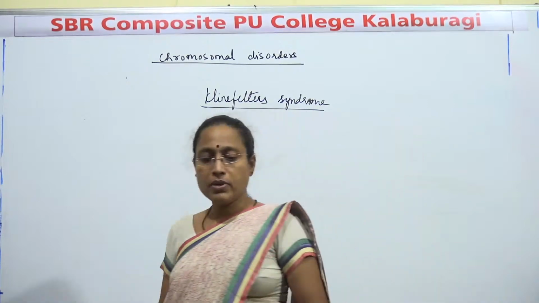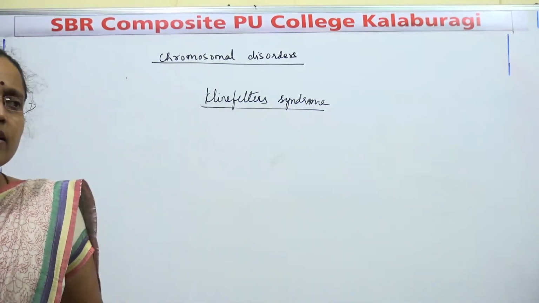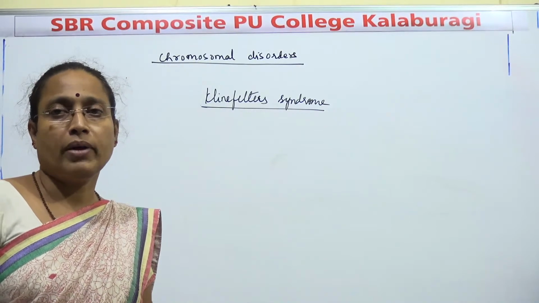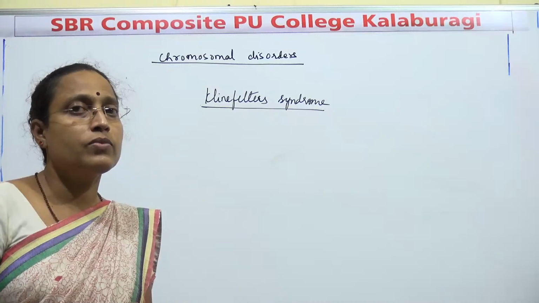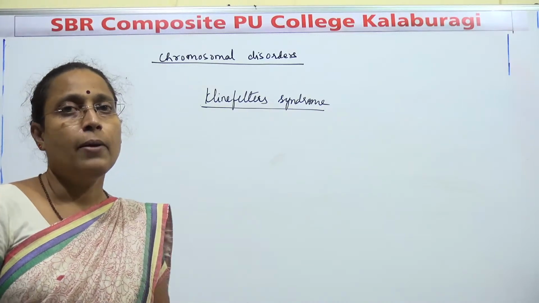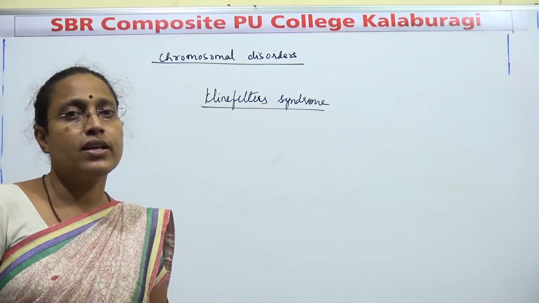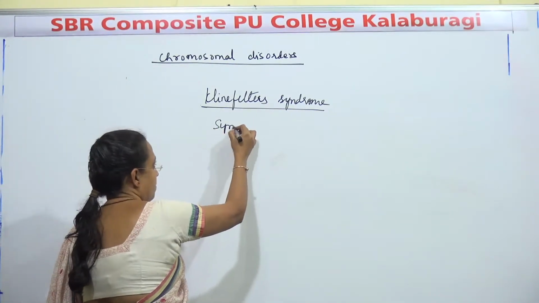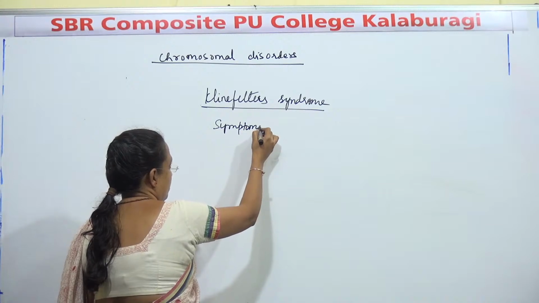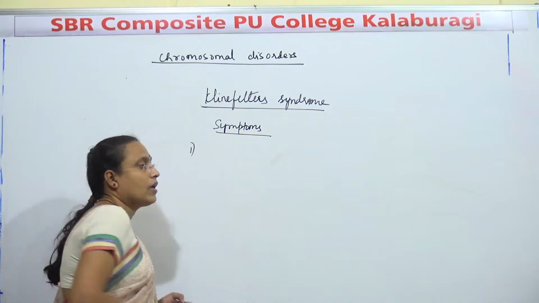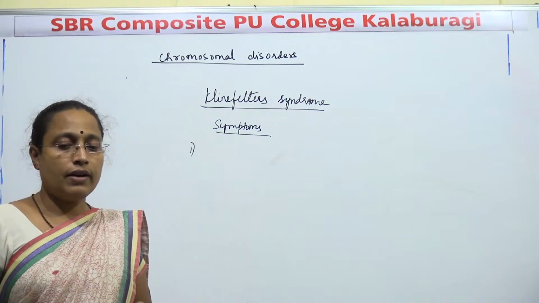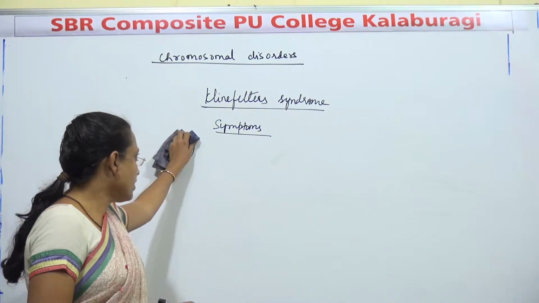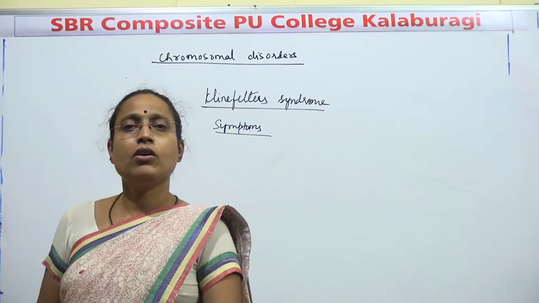Now, symptoms of Klinefelter syndrome. These are very much similar to what is there in Turner syndrome. A similar effect will be there on the male. If a female in Turner's will not have secondary sexual characters, here also a male in Klinefelter's will not have the secondary sexual characters. A developmental defect will be there because of the presence of one extra chromosome.